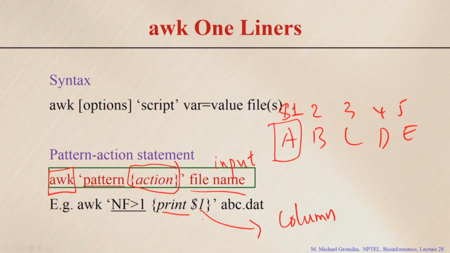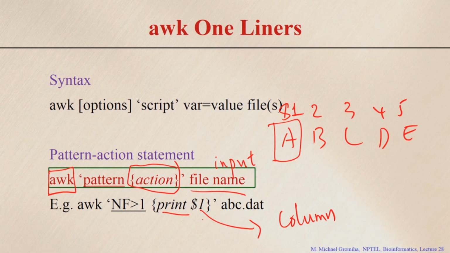Pattern means if it satisfies a condition, we do the action. We can give some conditions, for example, if there is no empty line, if any line contains some characters, or any numbers, or any line contains numbers more than 50. You can find any pattern. If it satisfies the pattern, then do the action.